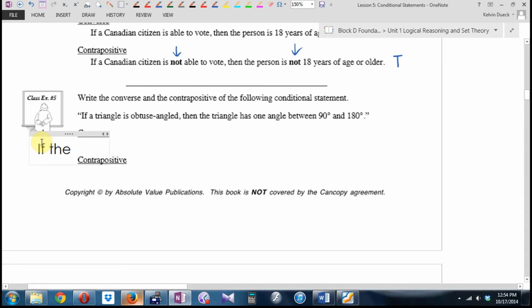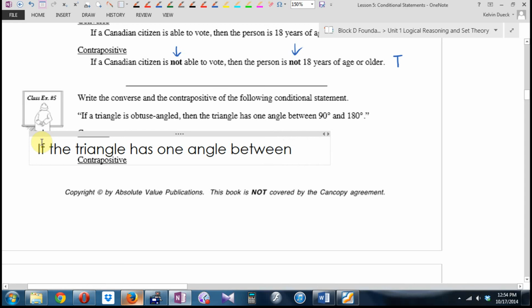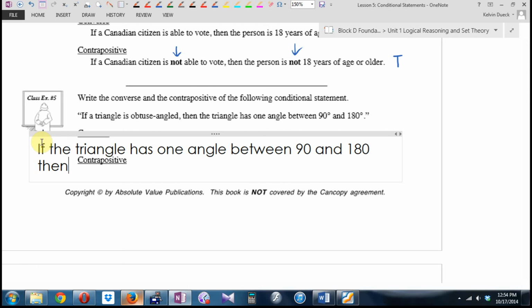If the triangle has one angle between 90 and 180, then the if becomes the then in the converse reverse.